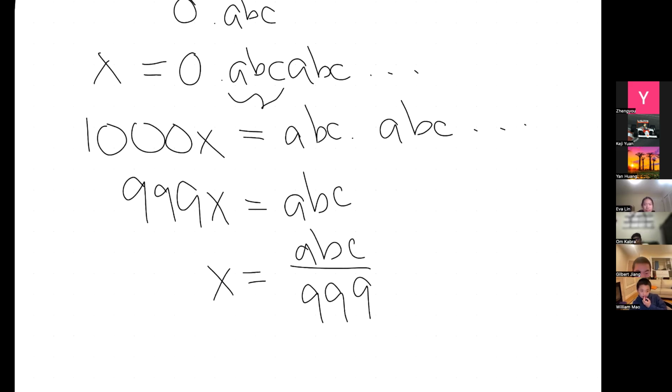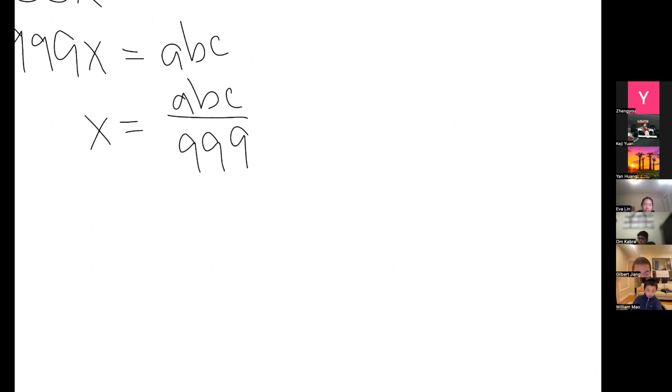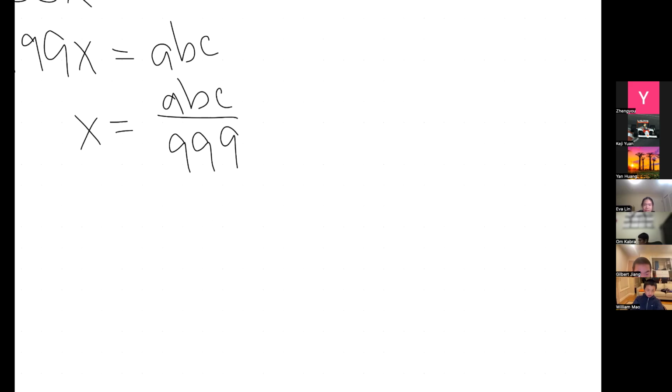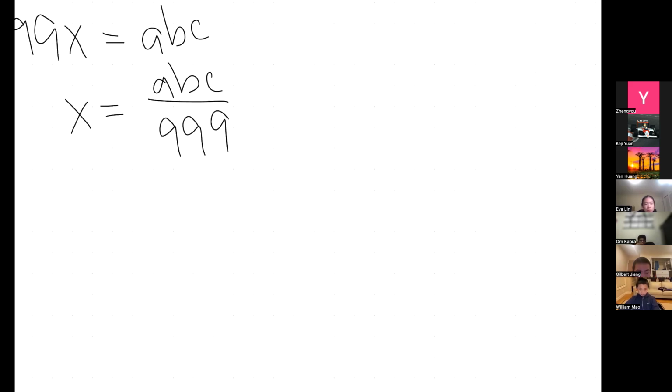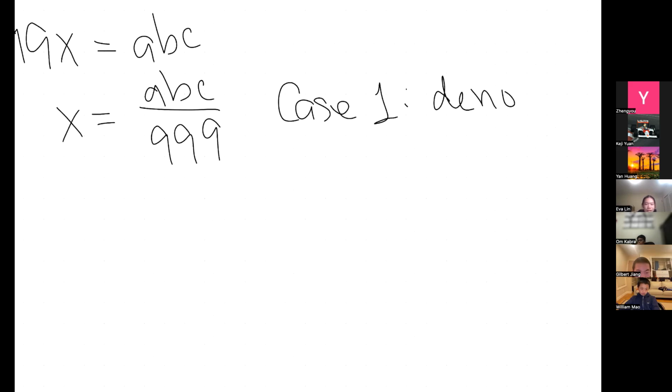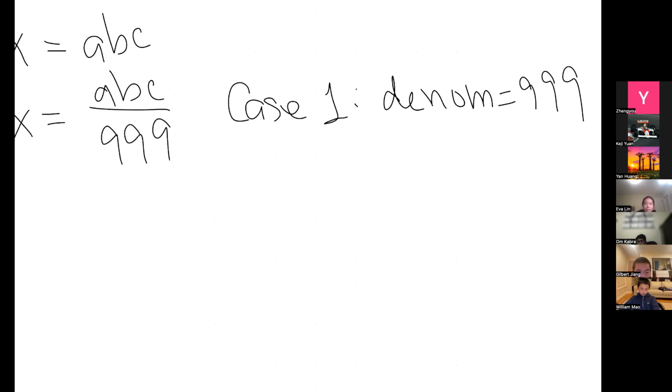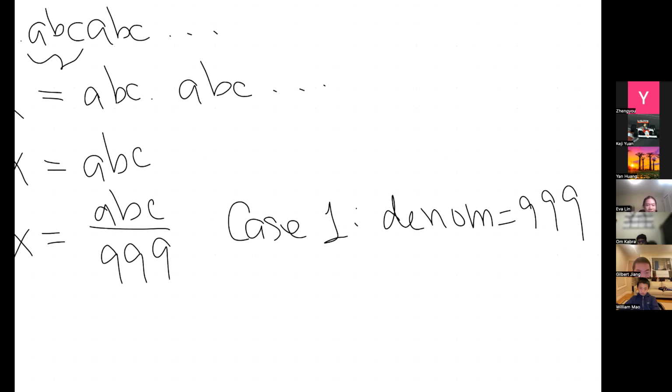Okay, so this is the fraction that we're trying to express, and we want to express it in simplest form. So that means there's going to be a little bit of reducing. And so we have several cases that we can consider, and we can do casework on the denominator. So we can say our first case is that the denominator is equal to 999, which means that there's no reducing, and we should probably factor 999 first.